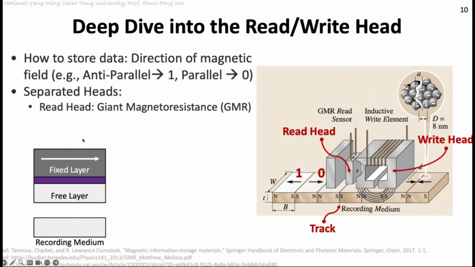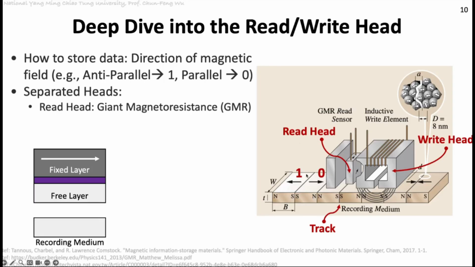Okay, so fixed layer means the direction of the magnetic field will always be static. Because it is a fixed layer, we cannot adjust the magnetic field on the fixed layer. But for the free layer, the direction depends. Okay, so this is the recorded medium.